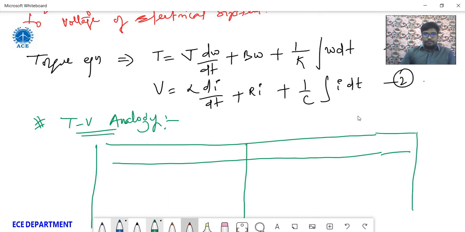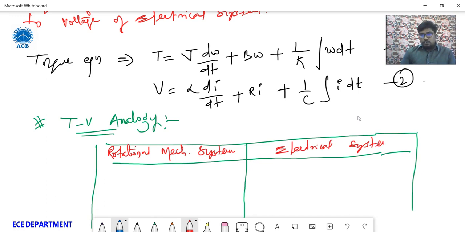Right. So this is a rotational mechanical system. This is an electrical system, right? Now see here, take the comparisons directly.